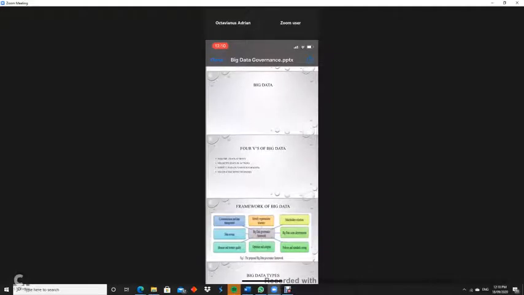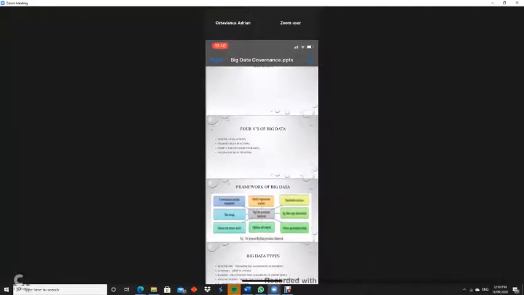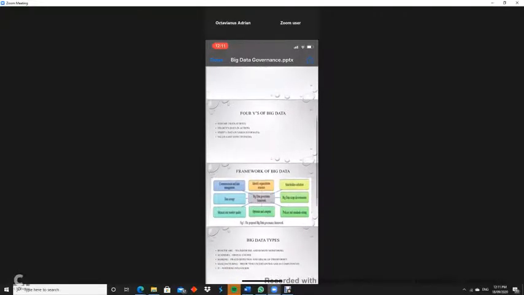Next slide, the 4 V's of big data: the volume, the data at rest, and velocity, the data which is in action, and the variety, the various types of data in various formats, and lastly, the value, how cost effective is the data for the company.